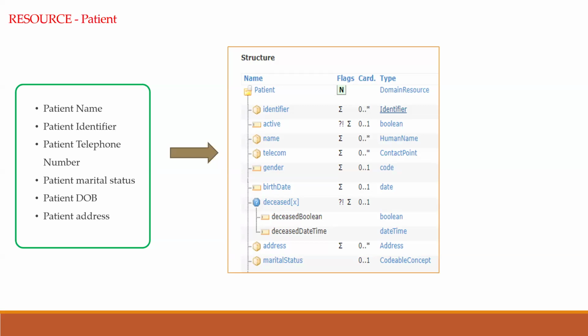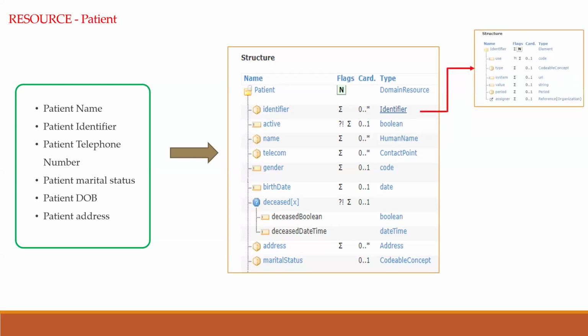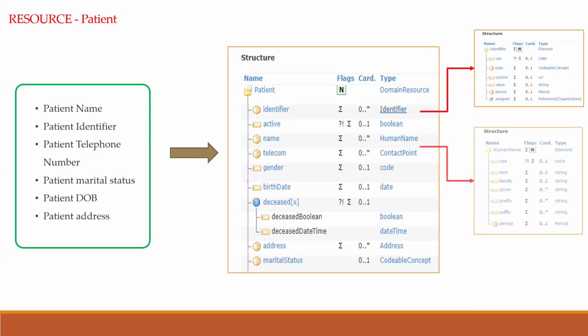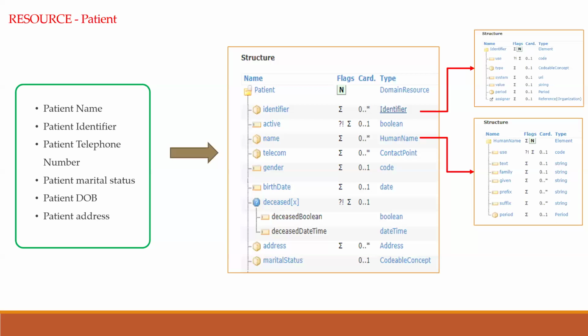Right? You may be wondering why we are not seeing name with full name, like first name, last name, middle initial, and date of birth. In FHIR, we have these concepts of data types, which we'll see in the future, but apparently they are there. As you can see on the right-hand side, the human name will have multiple child elements, which we call use, text, family, and so on.